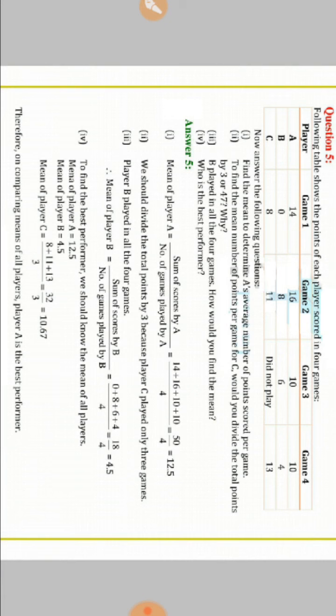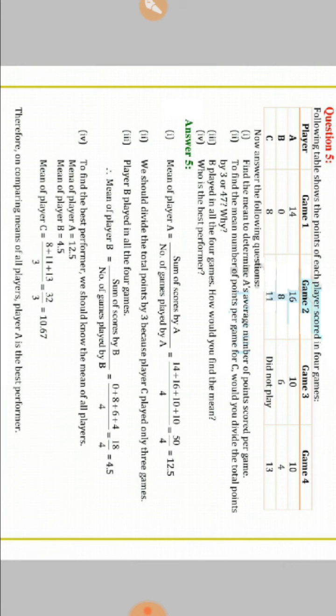Find the mean to determine A's average number of points scored per game. See, average means mean. Just now I have explained it.